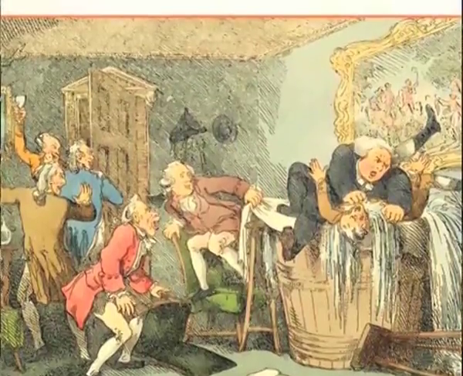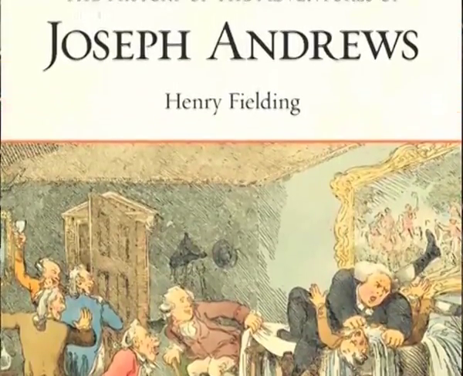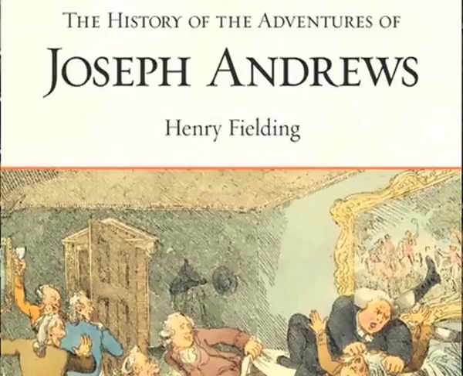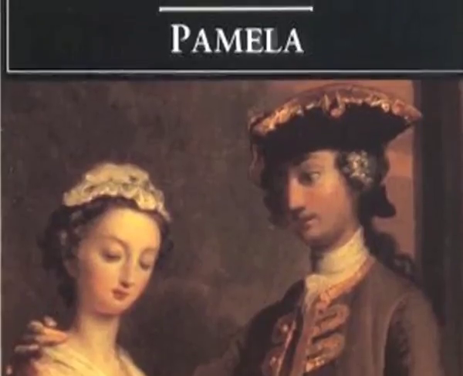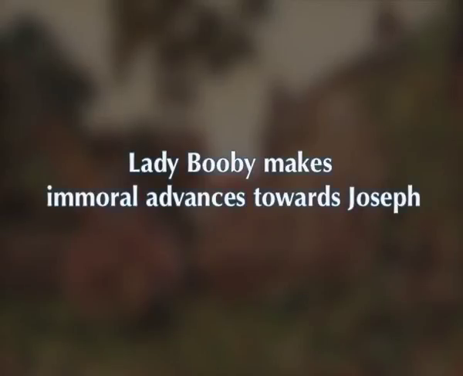The whole story encompasses a journey of Joseph Andrews, the supposed brother of the chaste heroine of Richardson's novel Pamela. He is one of the servants of Lady Booby, a rich lady who makes immoral advances towards him.